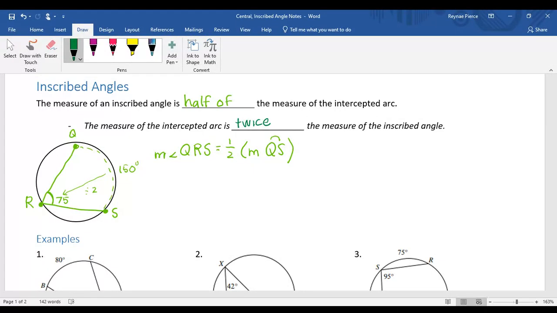Again, we'll use the same numbers. If we know the measure of QRS is 75, we need to multiply by 2 to get that measure of 150 degrees for the arc. So the measure of arc QS is 2 times the measure of the angle.